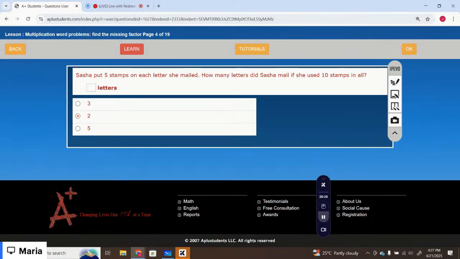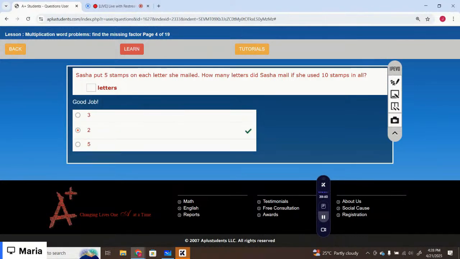There's two, because five stamps on each letter, right? So she used 10 stamps in all. So 10 stamps she put on two letters. Option number two is the correct option.